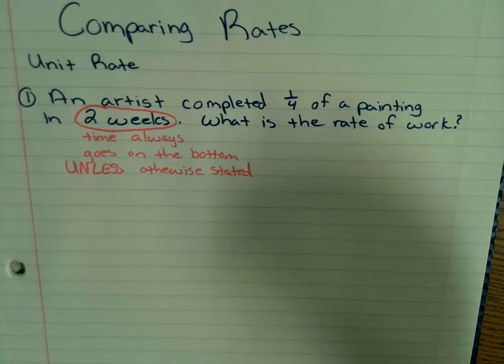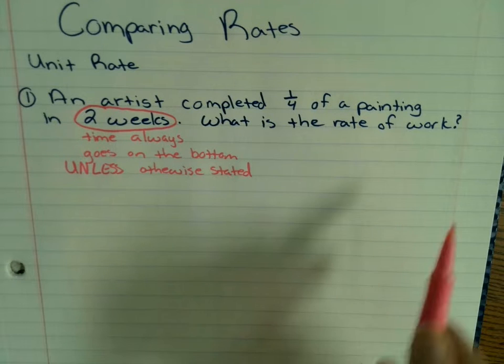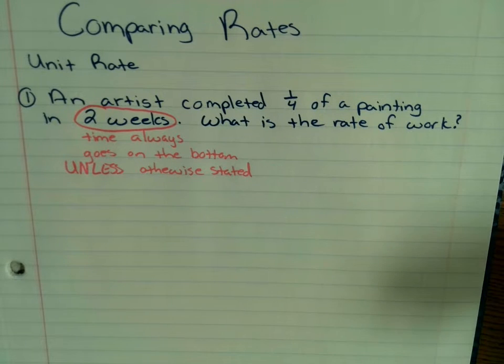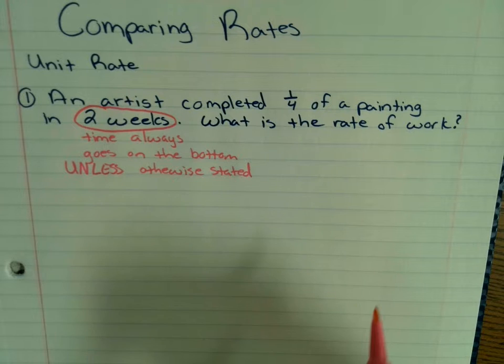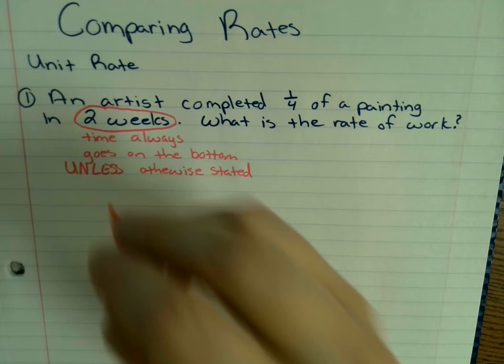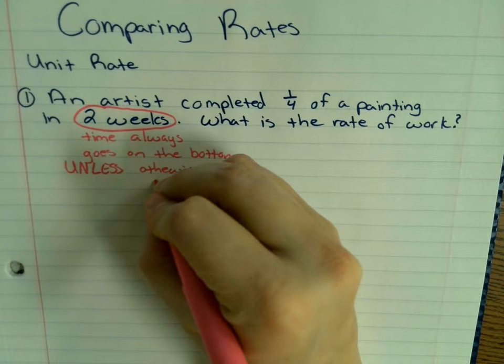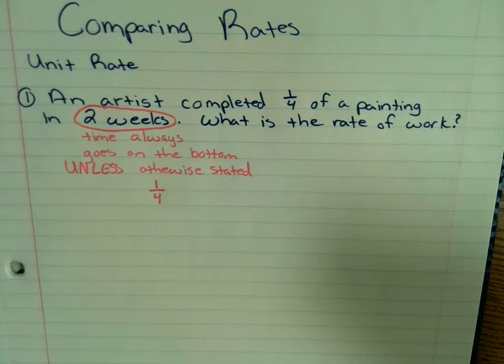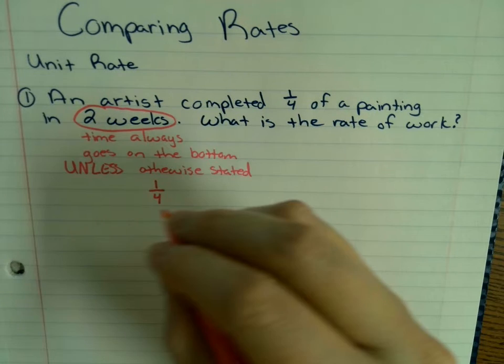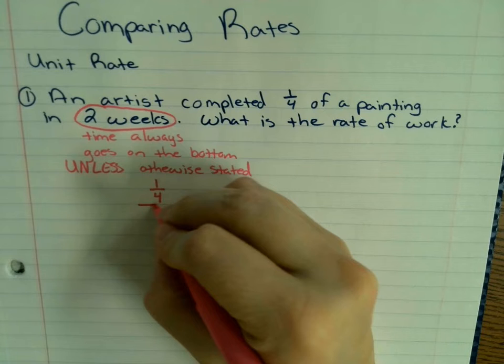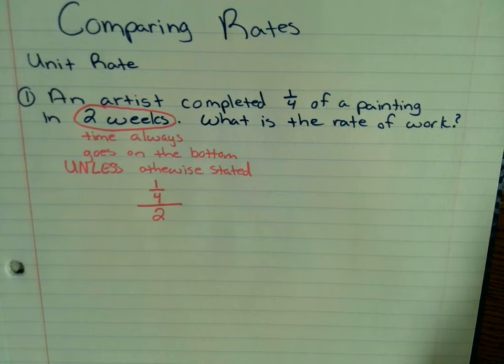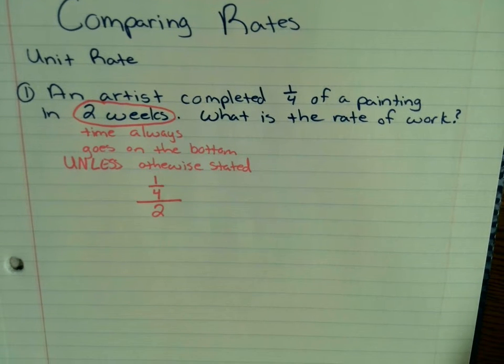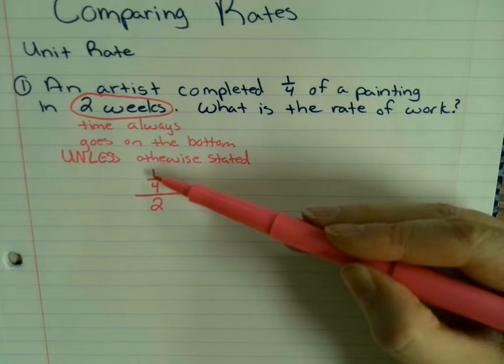But because they're wanting the rate, the speed that she's working at, the time is going to go on the bottom. So when you set this up, we're going to set it up as a fraction. 1/4 is how much she's completed in 2 weeks. That's called a complex fraction. You have a little fraction within a bigger fraction.